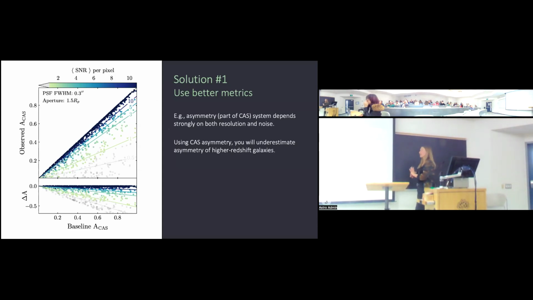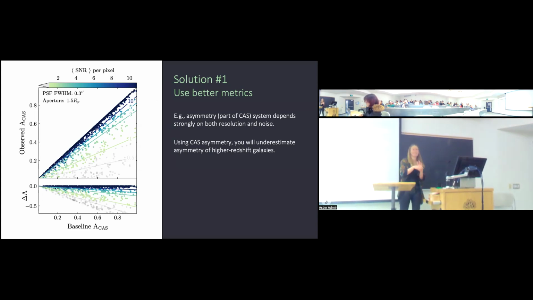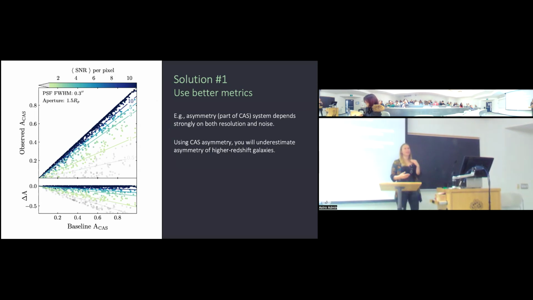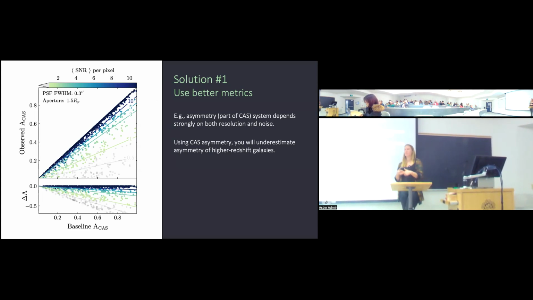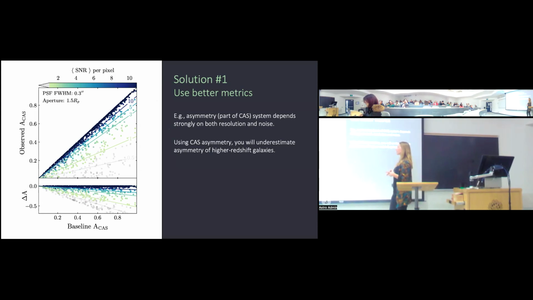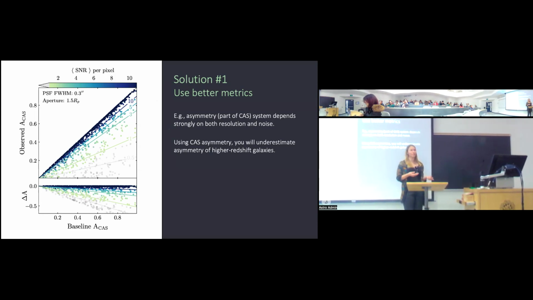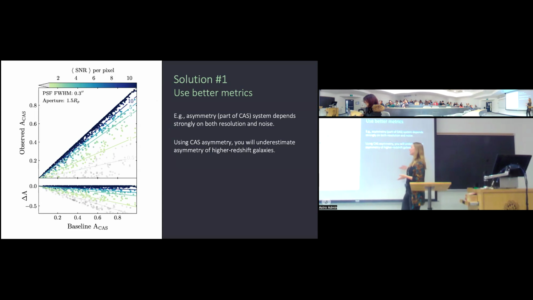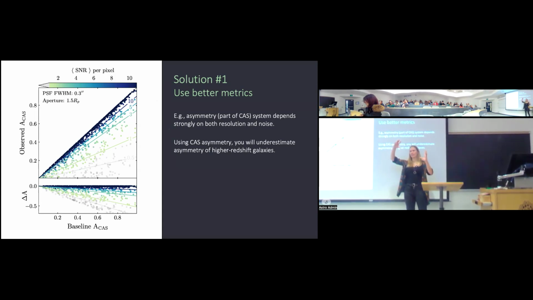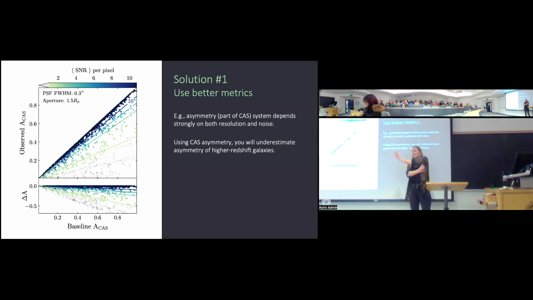So one solution you could have is to use metrics that you understand well, and you can characterize what happens to the metric as you lose resolution or you lose image depth. We tried this in the first paper with asymmetry. It's a very easy metric to measure. You take your galaxy, rotate it by 180 degrees, subtract them, and calculate how much flux doesn't match, as a fraction of total flux.